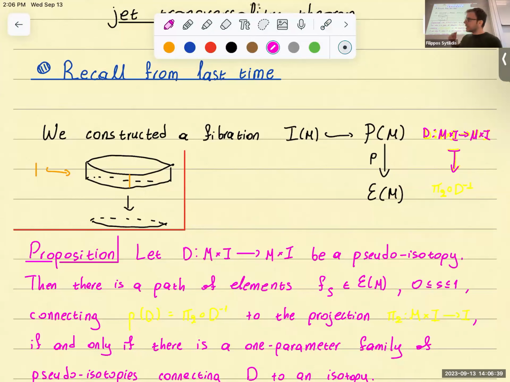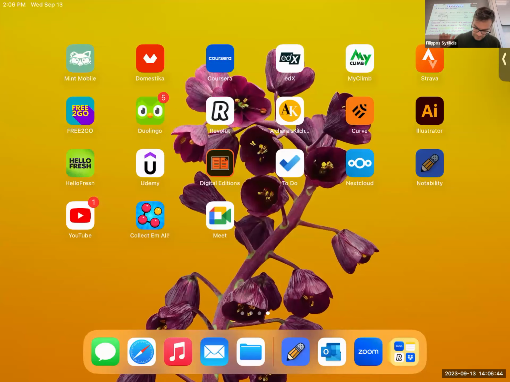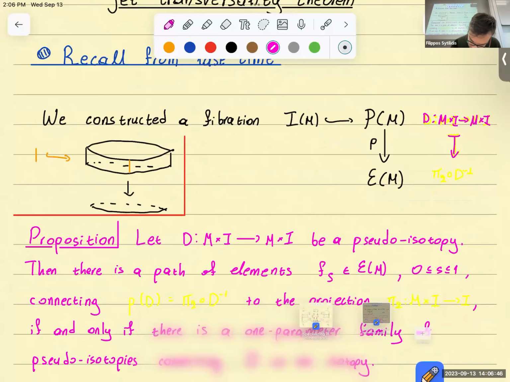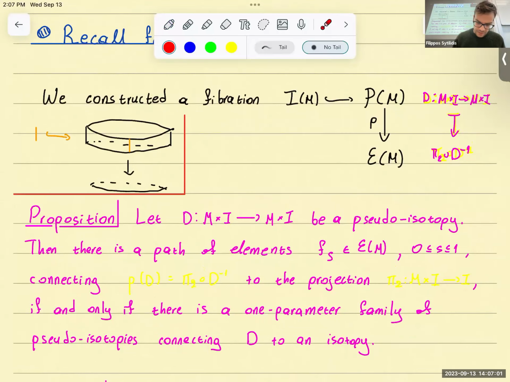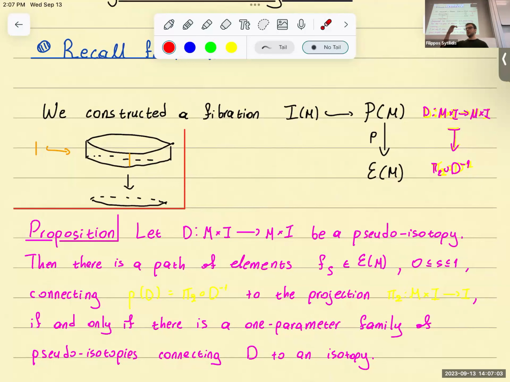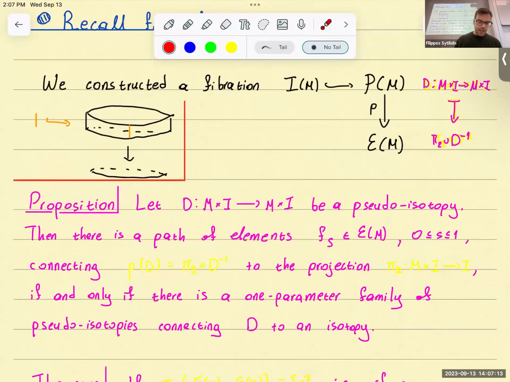The map would send D to pi 2 composed with D inverse, where pi 2 is the projection to the second factor. Sorry about the lag. Anyway, the fiber of this fibration is a space of isotopies on M. So diffeomorphisms from M cross I to M cross I that are level-wise preserving. That's what we constructed last time.